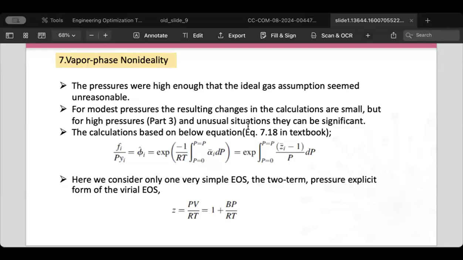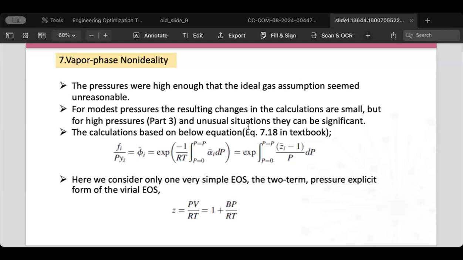So how can we compensate that discrepancy, or how can we take that change into account? Of course, you cannot use P y_i anymore on the left hand side of the VLE equation. You need fugacity, okay? And it must be fugacity of that component, okay? So how can we identify or calculate fugacity of component i?